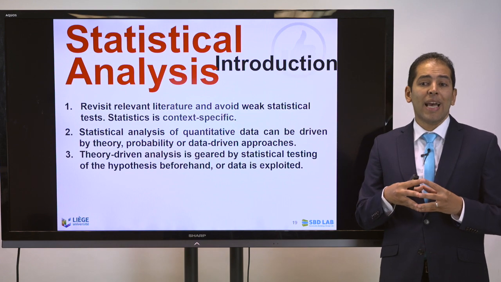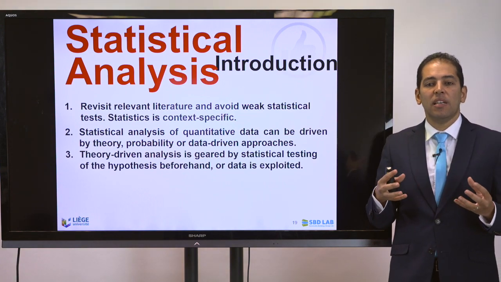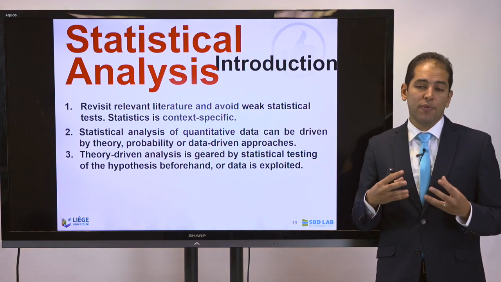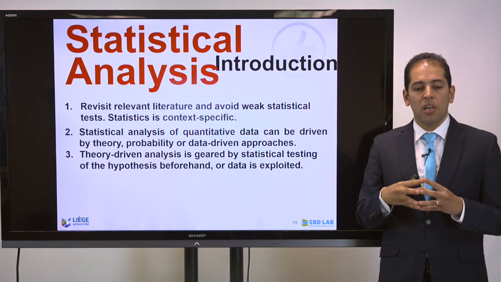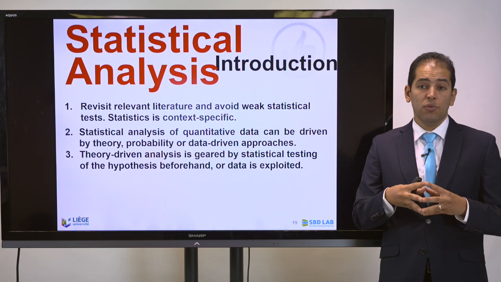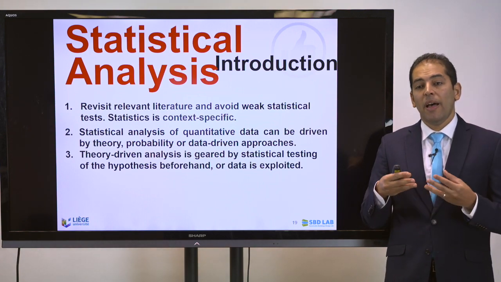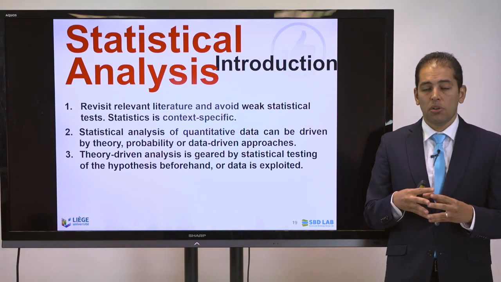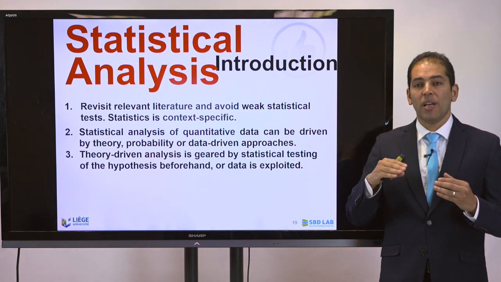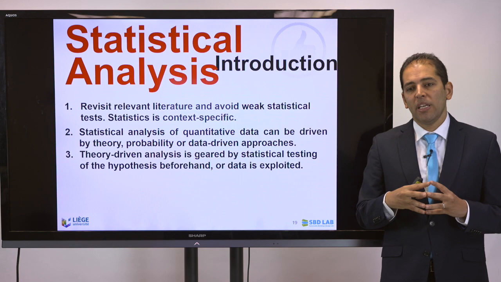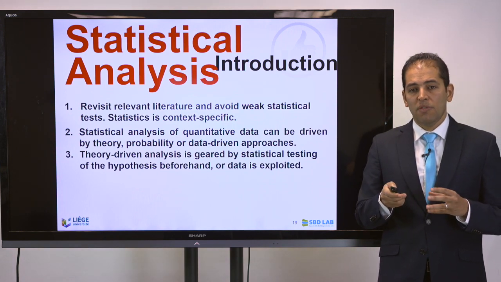And theory-driven analysis is geared by statistical testing of the hypothesis beforehand. So even when you want to start statistical research, it's not up to you. You first need to test your hypothesis, and based on the result, either you proceed or not. So the six steps I mentioned can be interrupted or stopped at any moment if you have negative results. So this is very important.